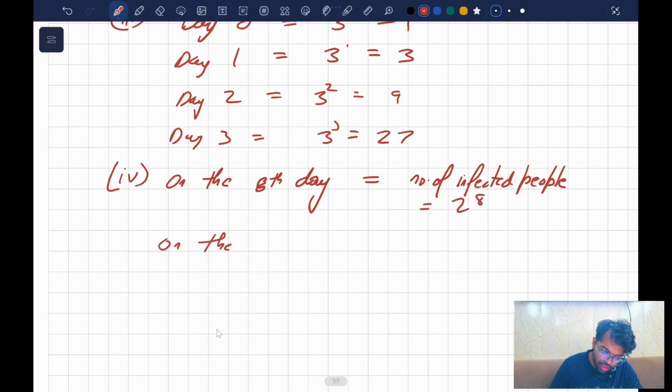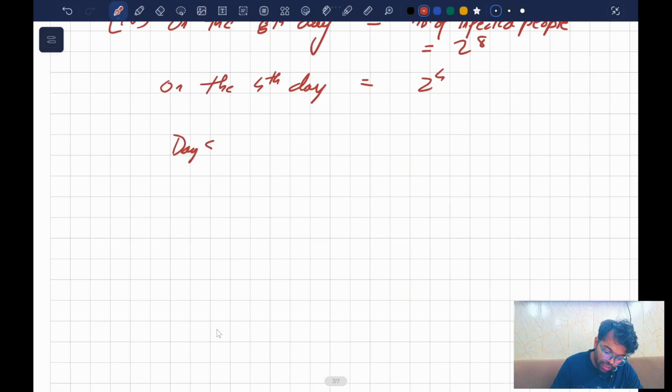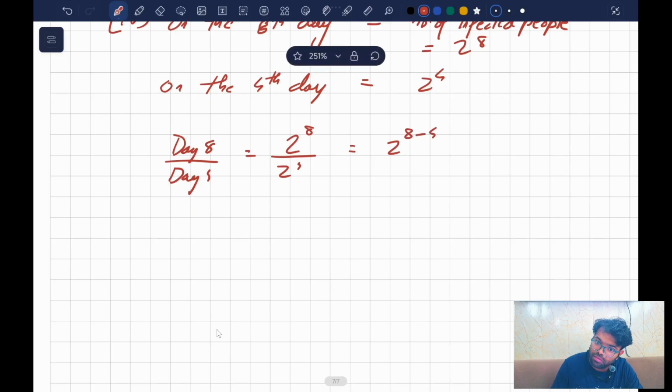On the 4th day it is 2 to the power of 4. So what is the ratio? Day 8 upon day 4 is equal to 2 की power 8 upon 2 की power 4, which is 2 की power 8 minus 4, that is 2 की power 4.